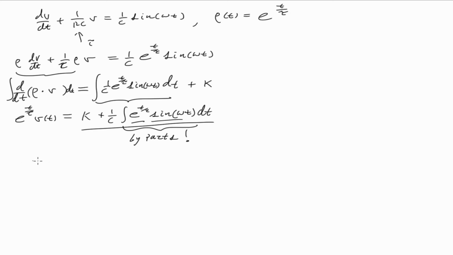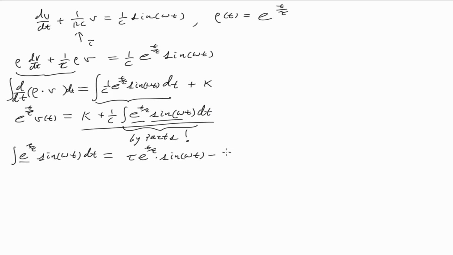That's how I always do my computation, that's how I think of doing integration by parts, I should say. Okay, so we have a tau, e to the t over tau. That's the antiderivative of this part here. And I multiply it by my sine of omega t.